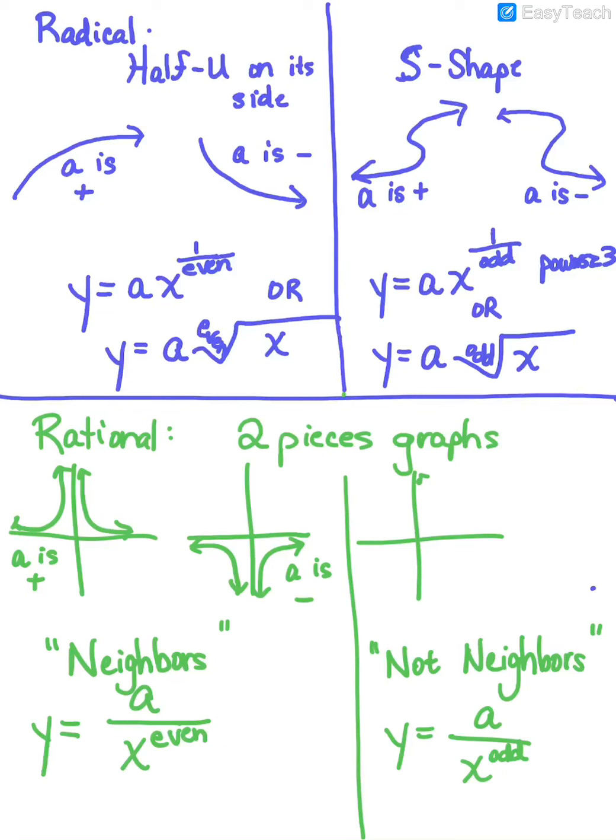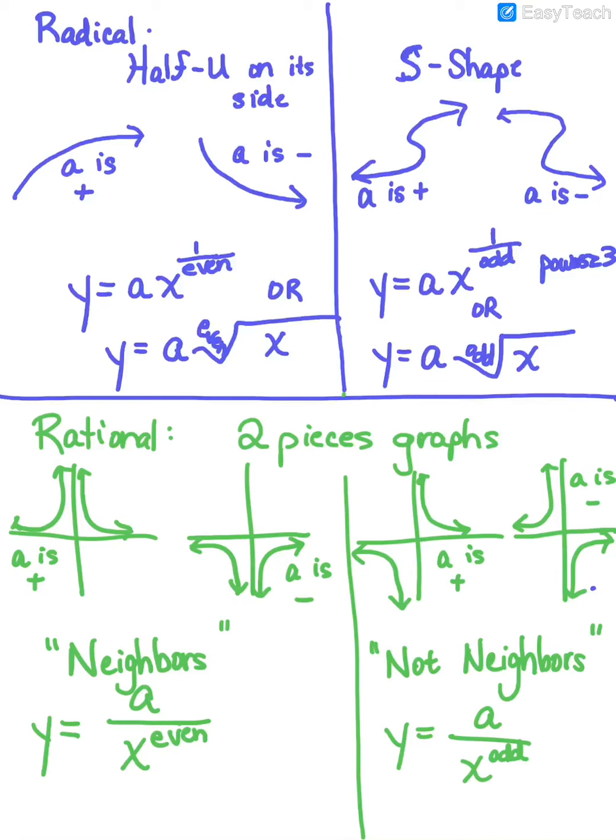You either get a graph that has a piece in quadrants 1 and 3, or you're going to get a graph that has pieces in quadrants 2 and 4. And so once again, your A determines that. If your A is positive, you're going to have quadrants 1 and 3. If your A is negative, you're going to have quadrants 2 and 4.